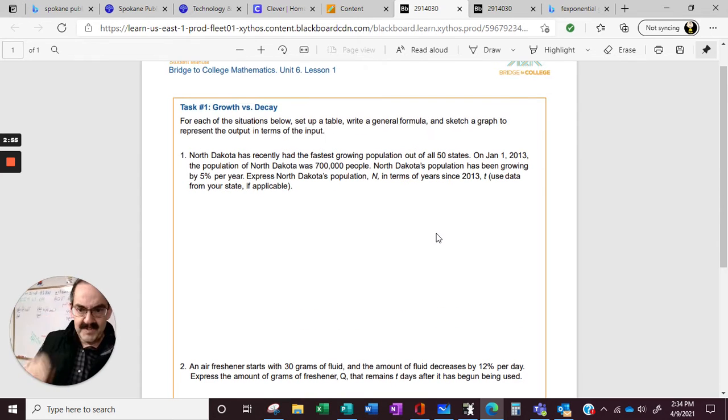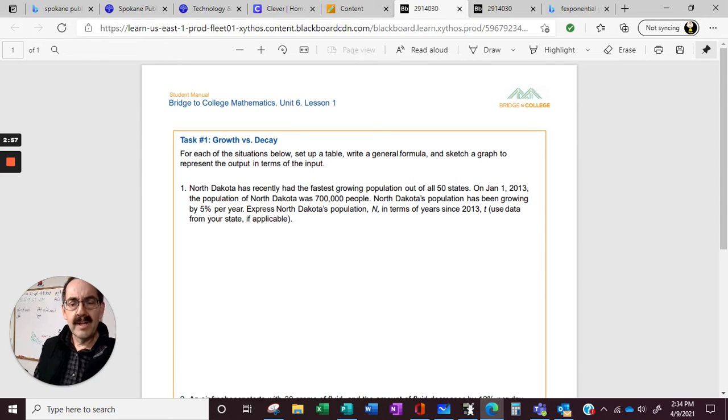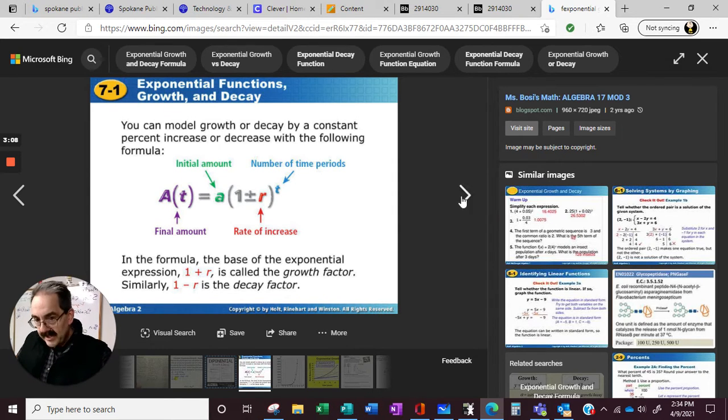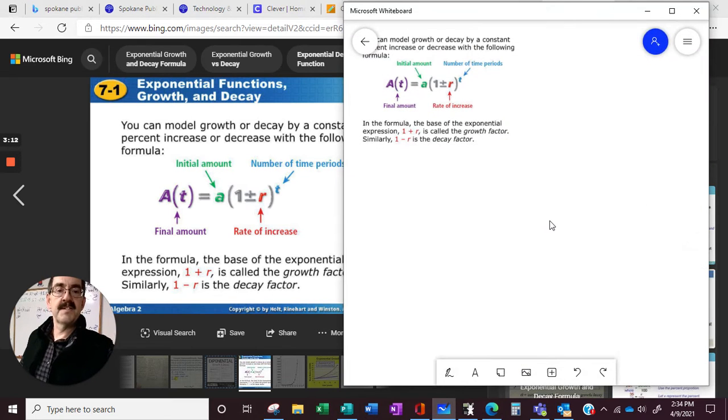If in doubt, and you need an equation for growth and decay, you just go to Google, go to Bing, and type in exponential growth and decay functions, and here's our function. I did a screenshot of that, and let's define some terms.